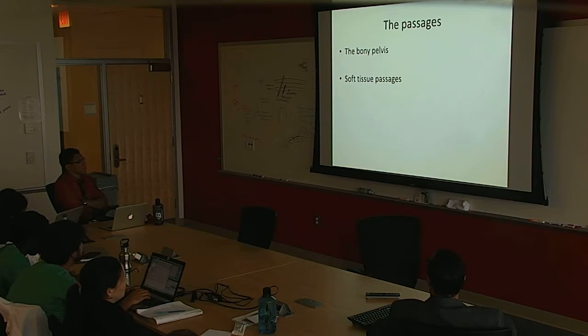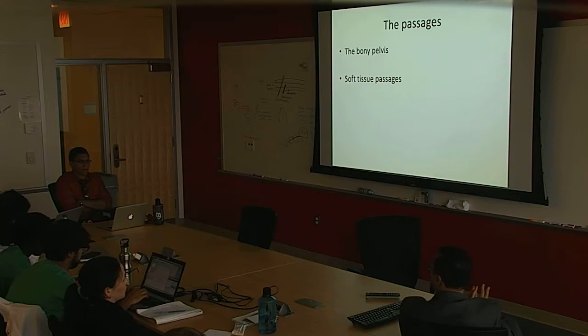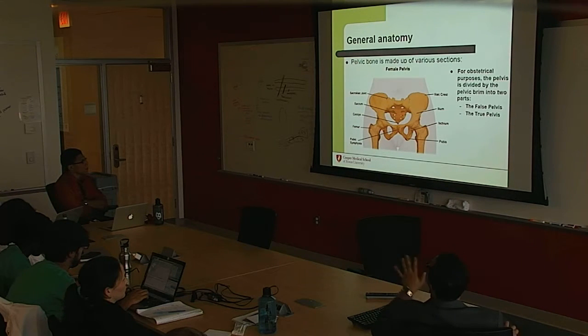What are those? The passages. There is a bony pelvis and soft tissue passages. Those are the passages the baby will go through during labor. We'll talk about the general anatomy of the pelvis.